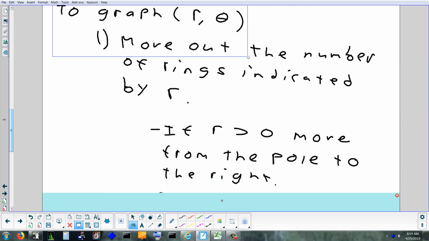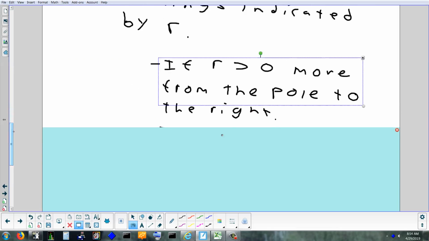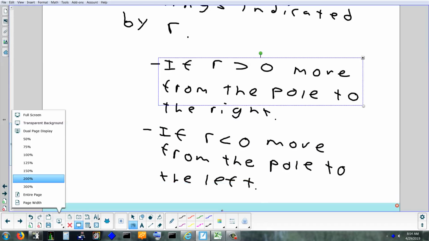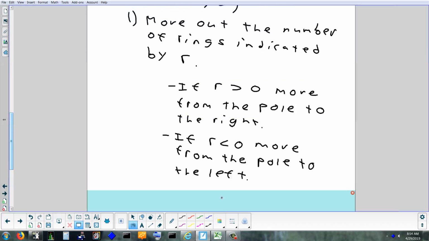So if the r value is less than 0, which way do you think you would move? Left, yeah. If the r value is less than 0, you're going to move left. So r tells you left and right movement, and that's the first part of the coordinate.